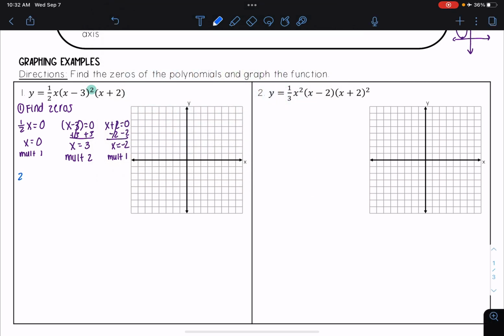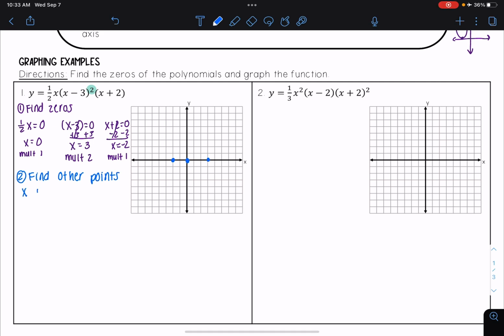Okay, next I want to find other points. So I already have the zeros of 0, 3, and negative 2. But now I need to find some points between those zeros. So between the zeros 0 and negative 2, I have negative 1.